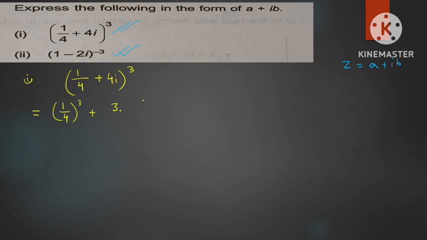Starting with the first problem, you can clearly say it is (1/4 + 4i) whole cube. So you have to express it using the formula (a + b) whole cube, which is a cube plus 3 a square b plus 3 a b square plus b cube.